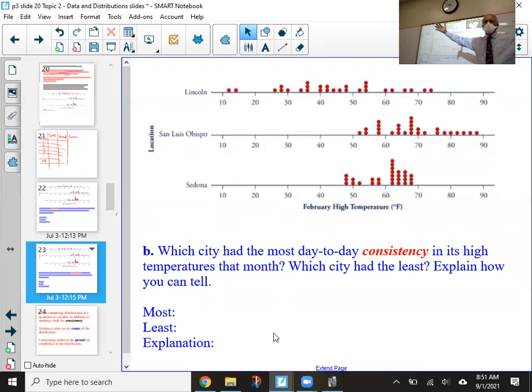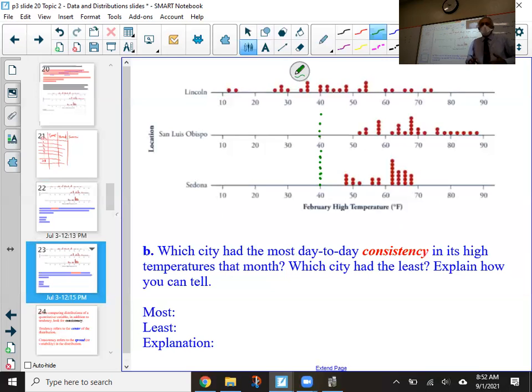So that's a much larger spread, much less consistency, more volatility. The most consistent would be a city that, say, every day for 28 days had 40 degrees. That's super consistent, no variability at all. It rarely happens, but that's what we're talking about.